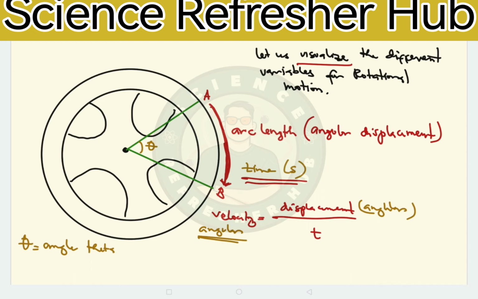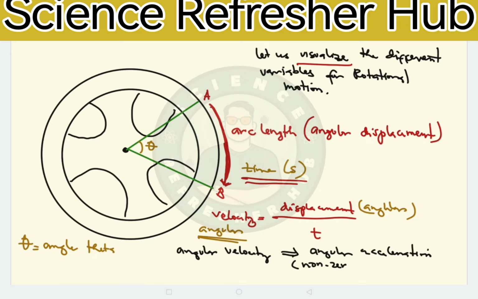So the angular displacement over time is the velocity when the object is moving from one point to another over time. Since we are dealing with rotational motion, we have angular velocity. And when velocity is changing, we have angular acceleration.